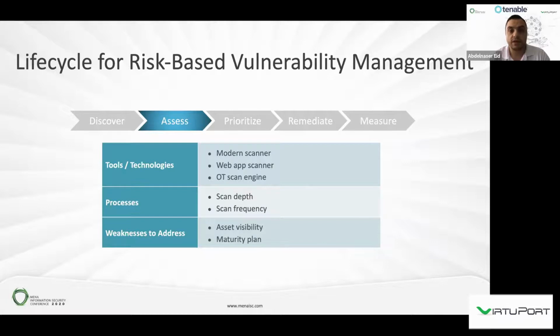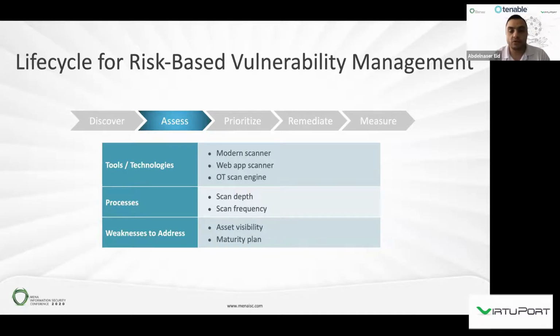Now we have a hot topic, which is operational technology assets, related to oil and gas, the energy sectors, the utilities, the airports, the navigation systems. All these organizations have some sort of customized and specific assets that are not traditional IT assets such as a laptop or a Windows server or even a Linux server.